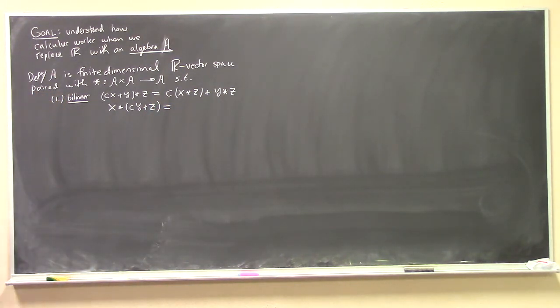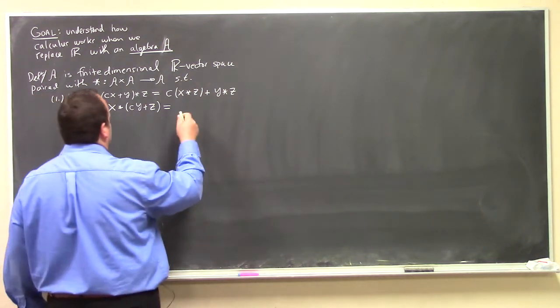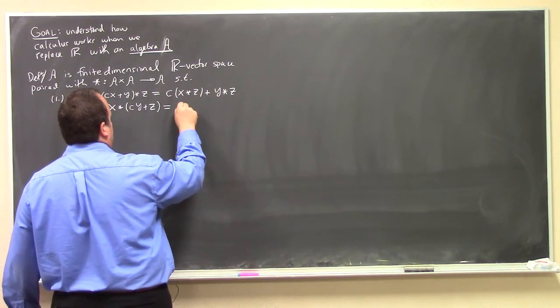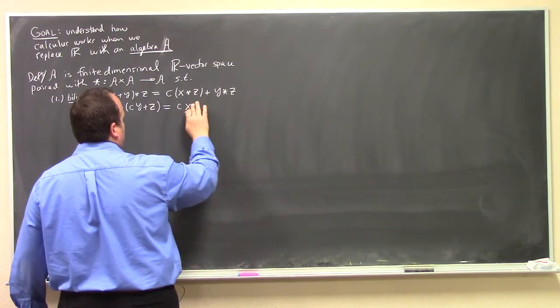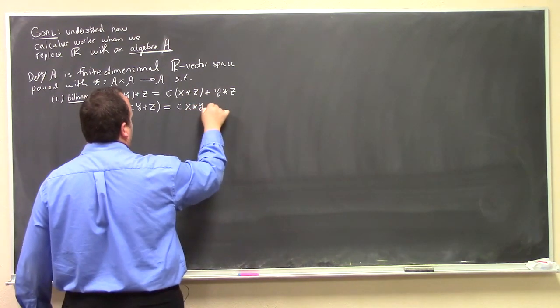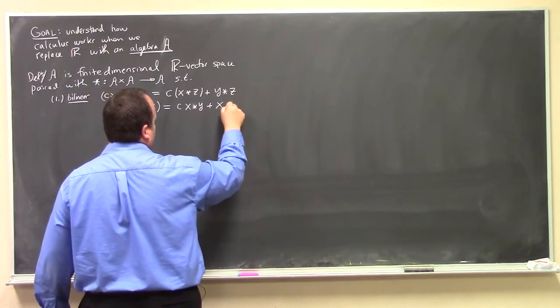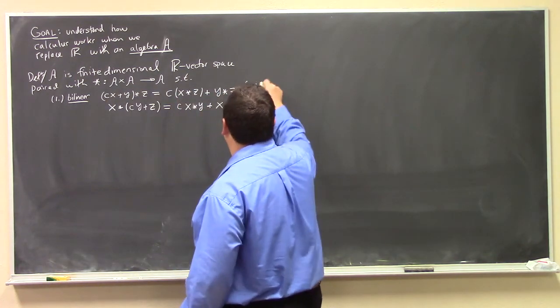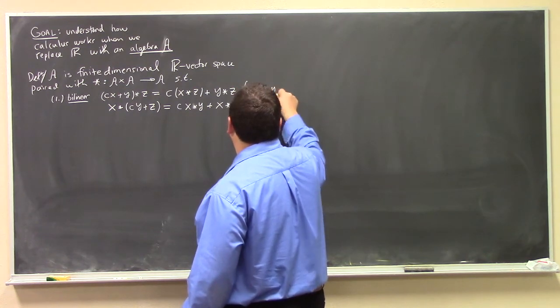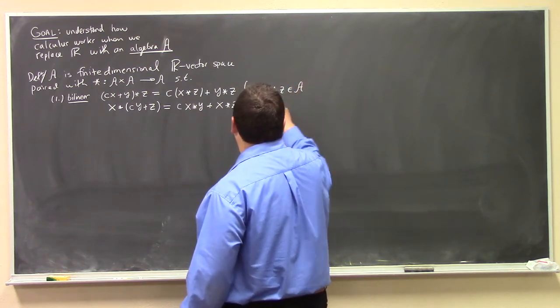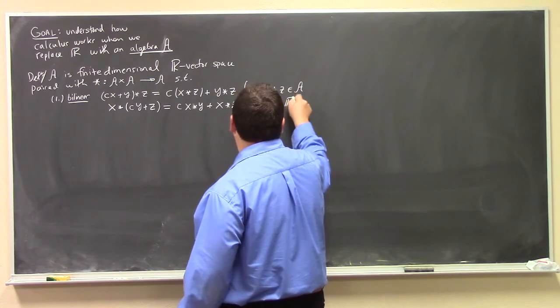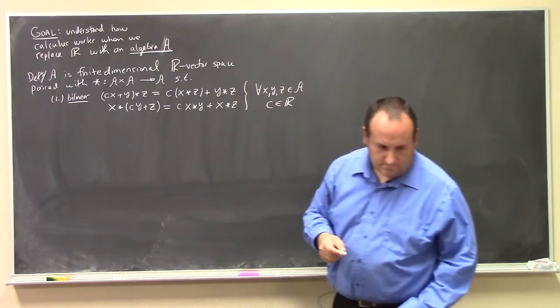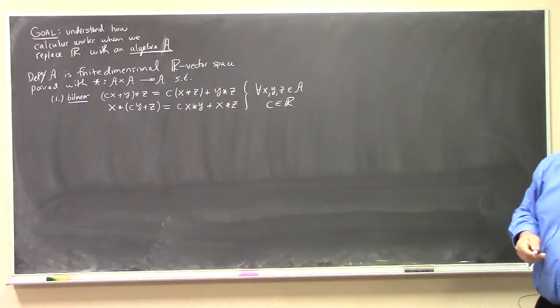So with linear, you have distributive: you break across sums, and you can pull real numbers out both ways. And this is, of course, for all x, y, z in the algebra and real constants. It's bilinear.